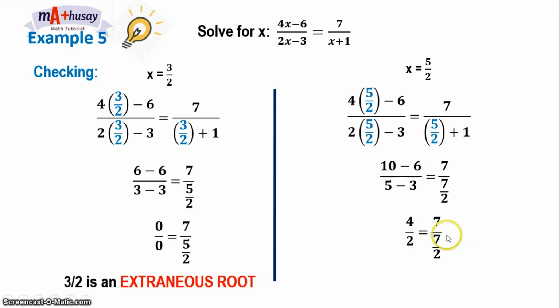Dito, pwede nating isimplify ang right side of the equation na 7 all over 7 over 2. So, kukunin natin ang reciprocal ng 7 over 2, which is 2 over 7 times 7. So, ang result, magiging 2, which is equal to 2. So, ang value ng x na 5 over 2 is a solution or root.